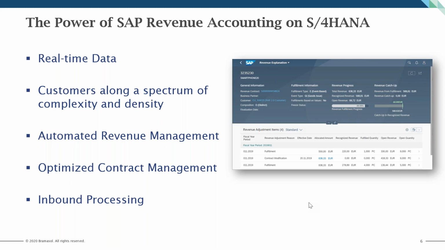You might have contracts with multiple performance obligations. As you keep going across the spectrum, you get more complex contract modifications, and more complex cloud subscriptions, the trend we're seeing with RAR and BRIM.